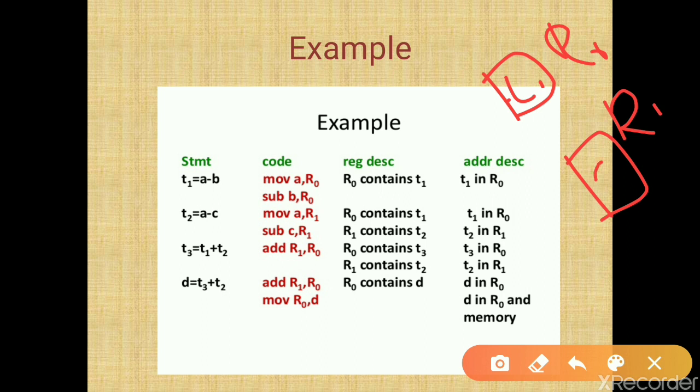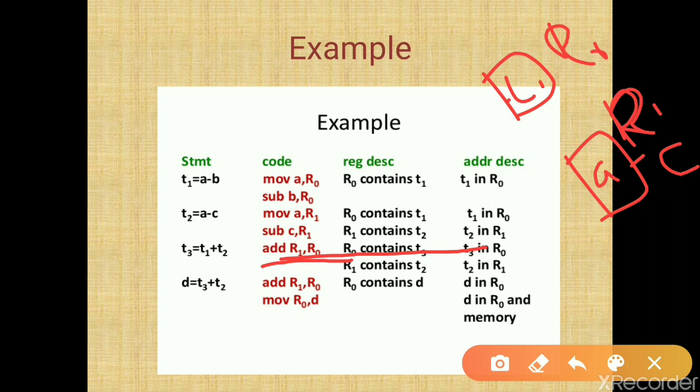Inside R1 I am storing the value of a. Now next I am subtracting c from R1. So I will subtract c from a in R1. That means R1 is stored with a minus c. So that's all about the second step. Here R1 contains T2 and T2 is in R1, that is the register descriptor entry and address descriptor entry.